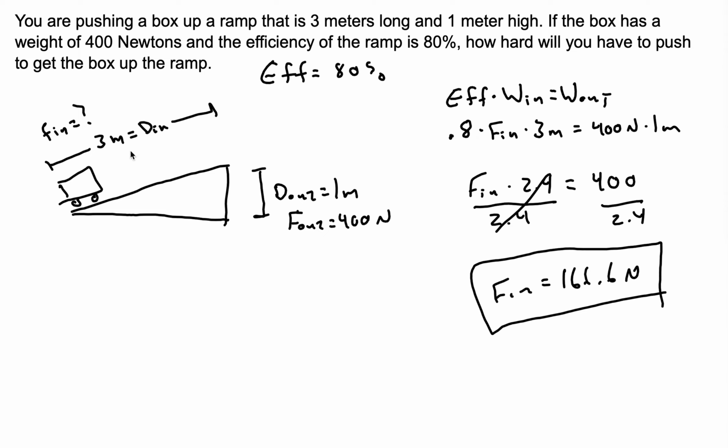Okay, so if this were 100% efficient, you guys, it would have been 133.3 because it would have been 400 divided by 3, but it wasn't. Some of my energy gets converted into heat, into thermal energy. So I'm quote unquote losing it, right, to do useful work. So I have to apply a bigger force, 166.6 newtons.